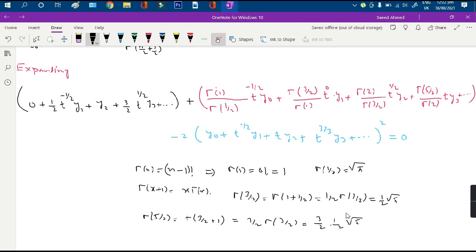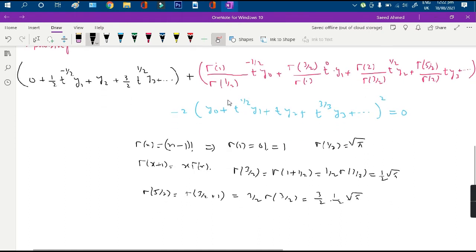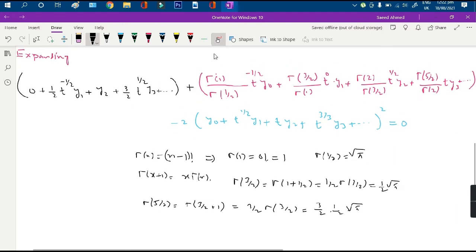So using these values, this is 1, this is square root of pi, so we can write this term as 1 over square root of pi, and everything will remain as it is. Gamma 3 by 2 is 1 by 2 square root pi, and gamma 1 is 1, so this coefficient is actually 1 over 2 square root of pi.